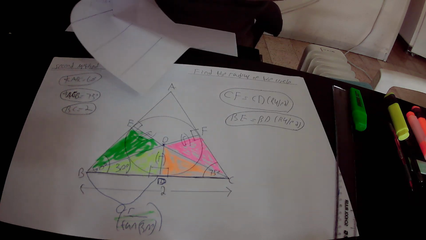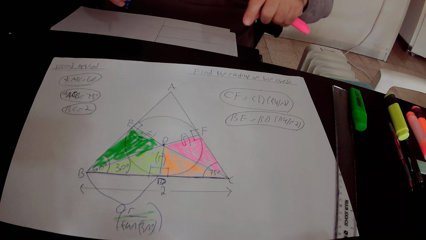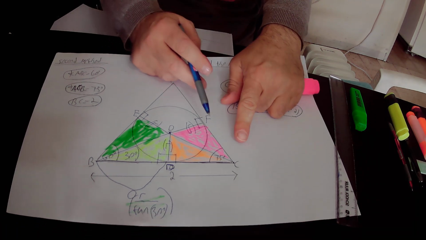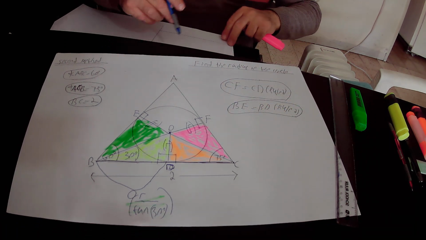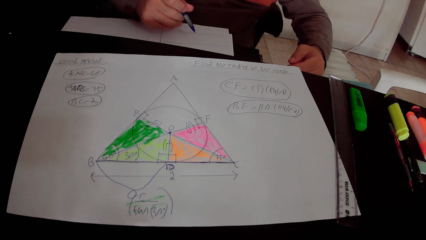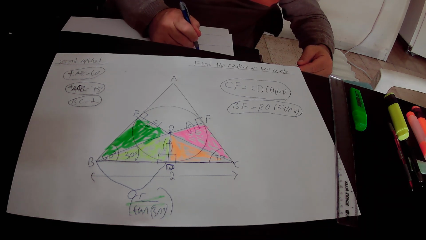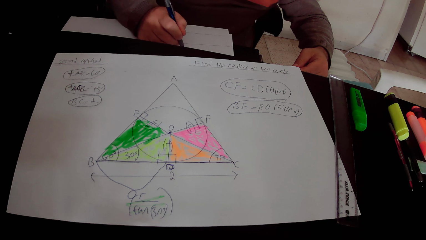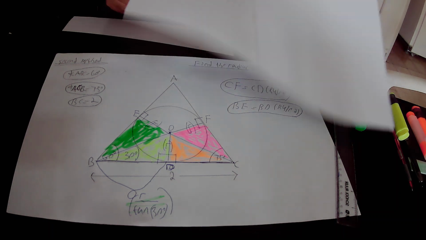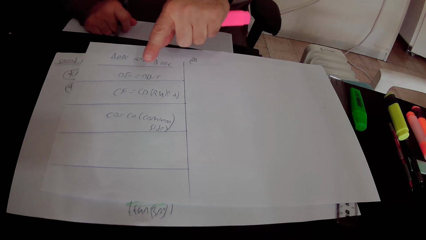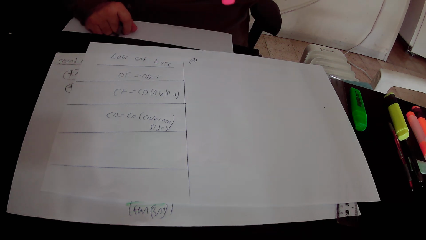And finally, we have side CO, that is a common side that belongs to both triangles. So we can write down that CO equals itself. It's a common side that belongs to both triangles.